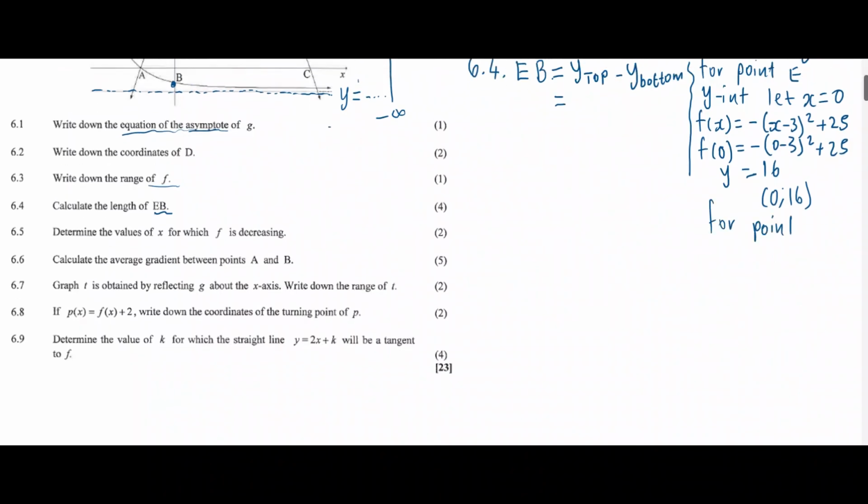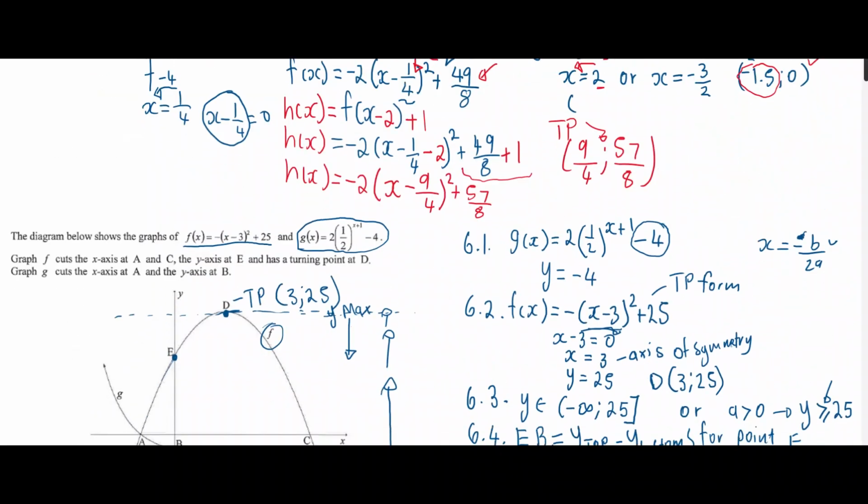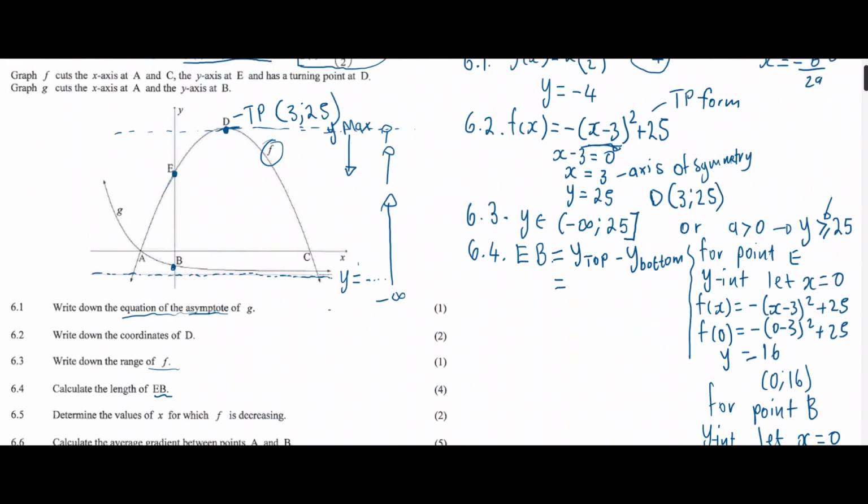So now let's get point B. For point B, we can still get the y-intercept, which involves making the x value 0 for the function g. So what's the function of g of x here? It's 1 over 2 times (x plus 1) minus 4. That's the equation.